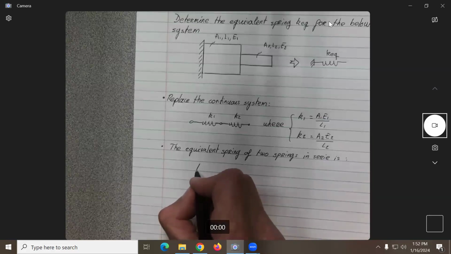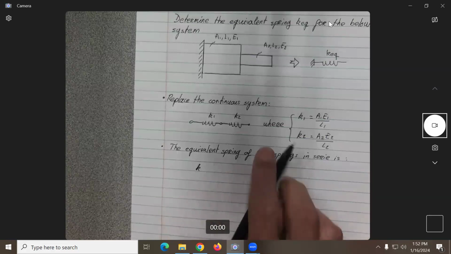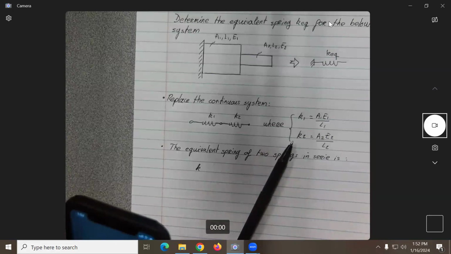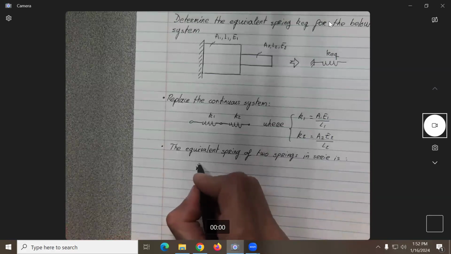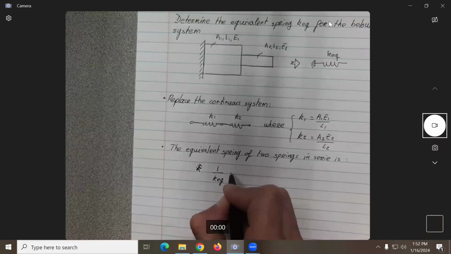So now our K equivalent, what is the one in parallel? We have what? Series. Okay, so what should be the equation here? We have 1 over K equivalent, no?